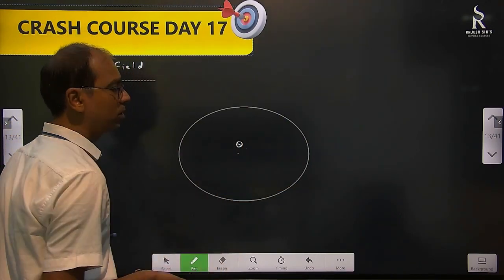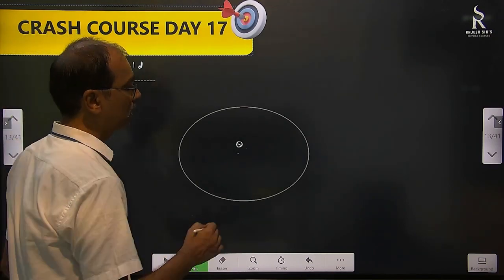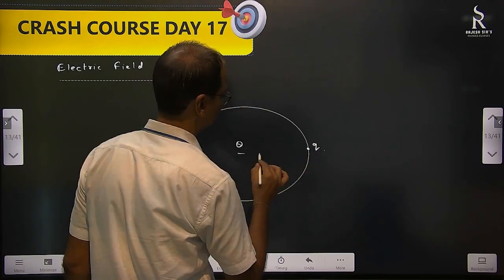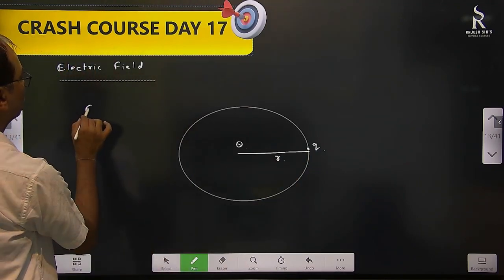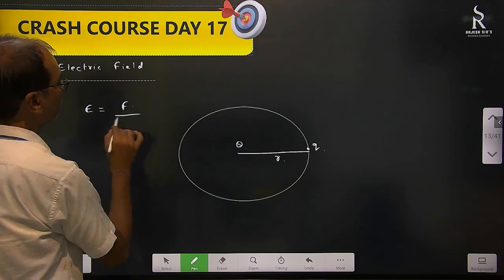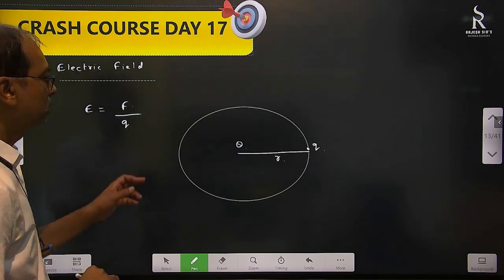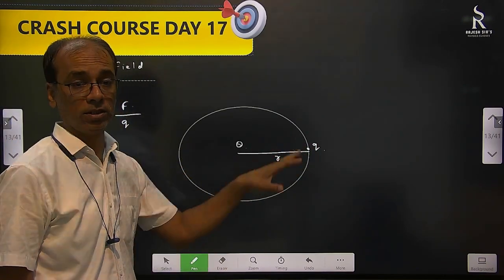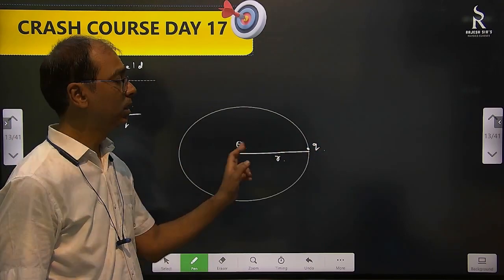What is its magnitude at any moment? We call that magnitude electric field intensity. If you are bringing a charge over here, suppose q charge we brought, and this is separation R, then electric field is the electrostatic force applied by this charge on this one by q. Because its electric field should not have anything to do with this charge. It should be independent of this charge.